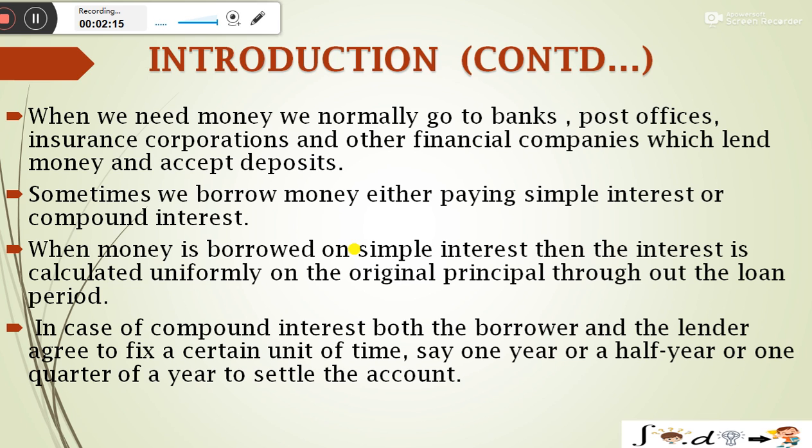And in the case of compound interest, both the borrower and the lender agree to fix a certain unit of time, say 1 year or a half year or 1/4 of a year, to settle the account.